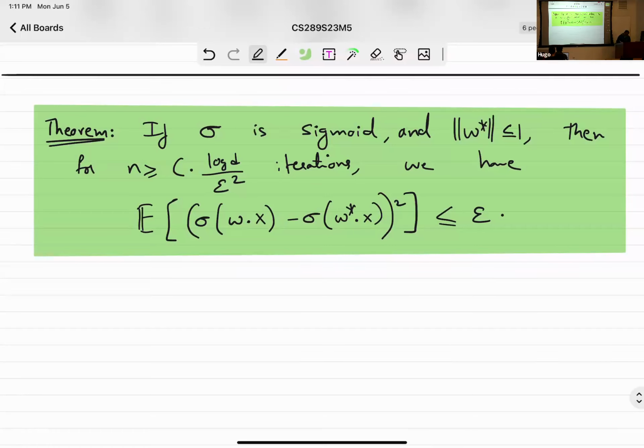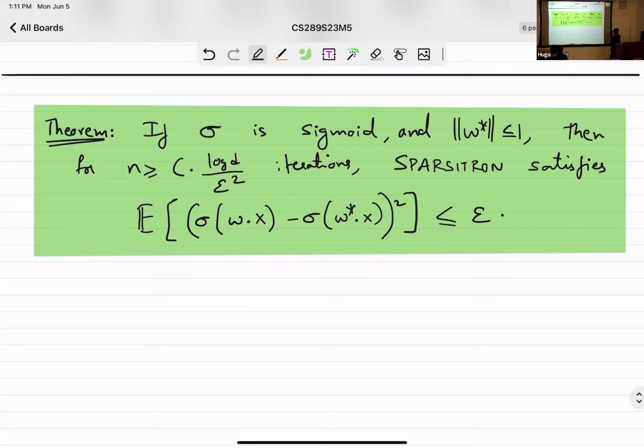Then, okay, sigma is sigmoid, and then something like this happens, then Sparsitron satisfies this.